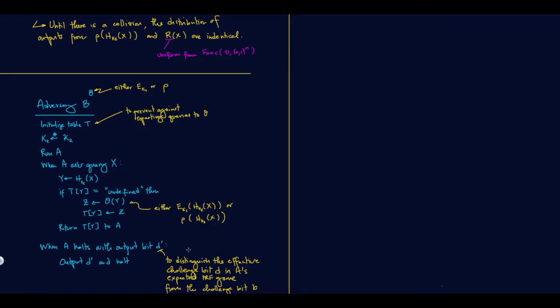And when our bit is equal to 0, we don't necessarily simulate what A would get in its experiment if D was equal to 0, because that would be, in particular, the big random function. But what we're going to argue is that this thing is just the same as this, so long as there's no collision here.